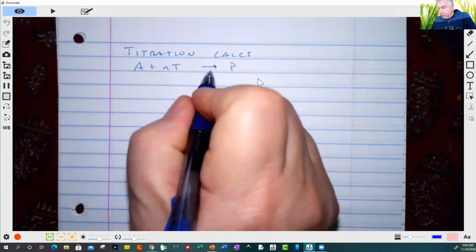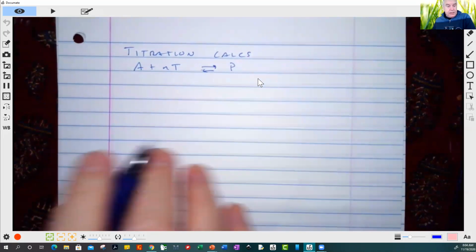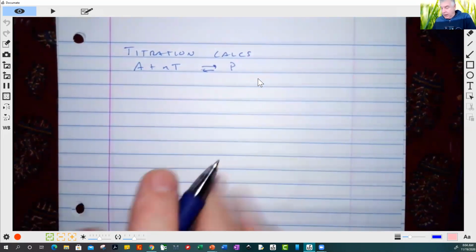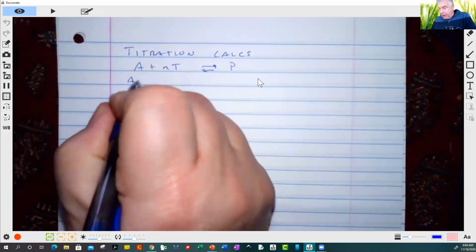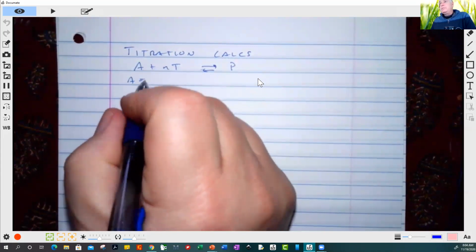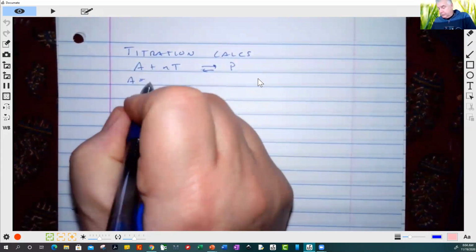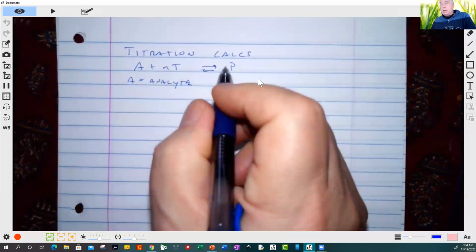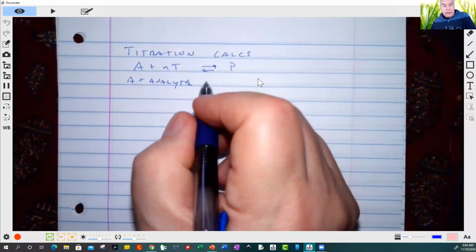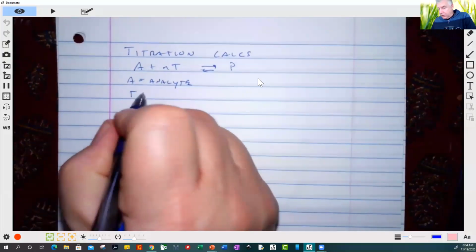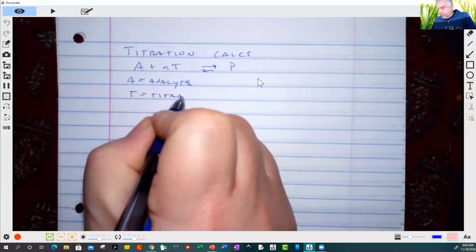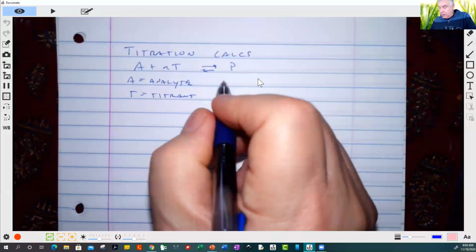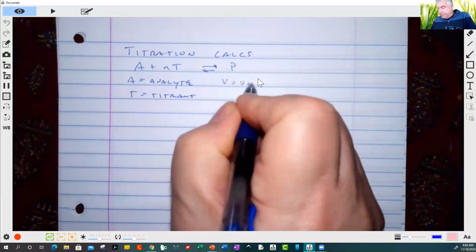And normally there's an equilibrium there. A is analyte, T is titrant, V is volume.